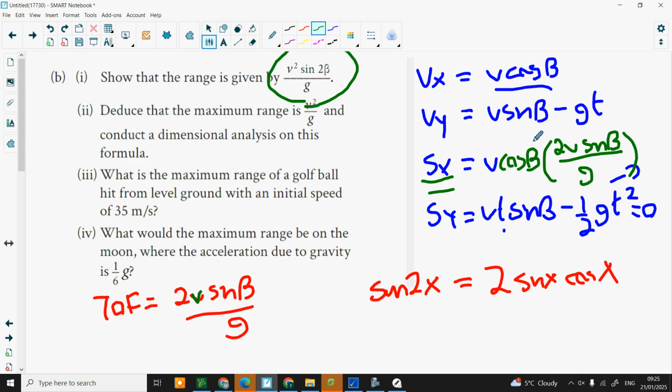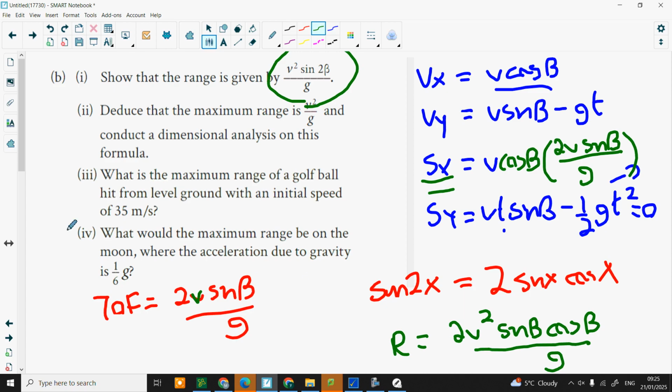Now you multiply this out, and is everybody agreeing that the range is currently 2v squared sine b cos b all over g? Anybody get that far?